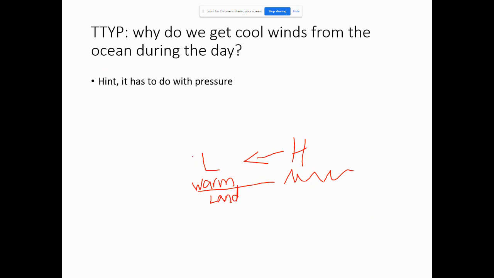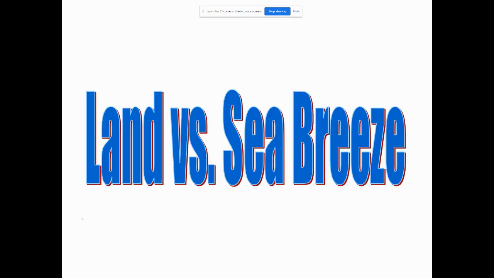Okay, so during the day, the warm land heats up, or the sand heats up, becomes much warmer than the ocean. So you have this localized, and this is very localized to just that ocean area, that beach area, but you have a high pressure local around the ocean and then a low pressure local over the beach. So the air is going to move from high over the water to low, so you get this nice cool breeze off of the ocean.